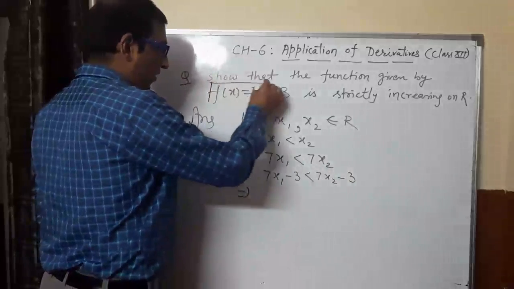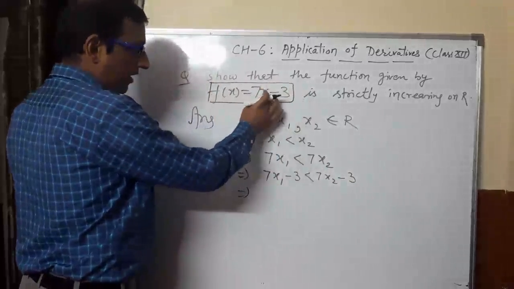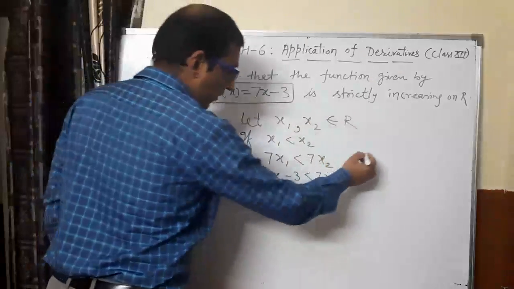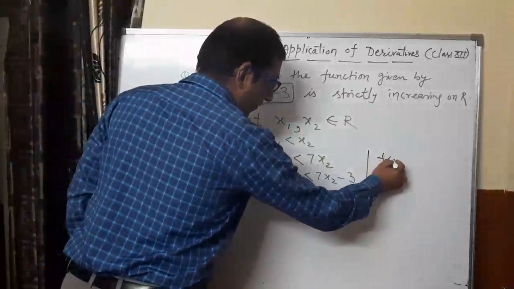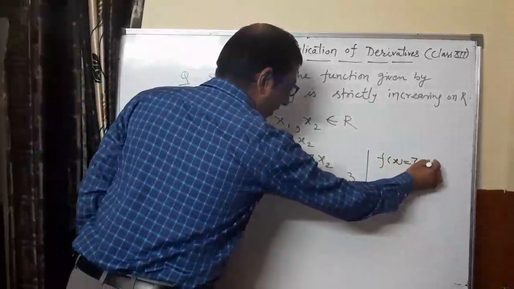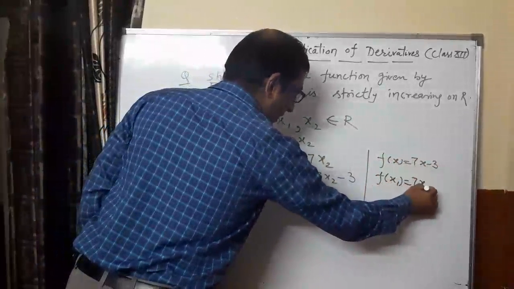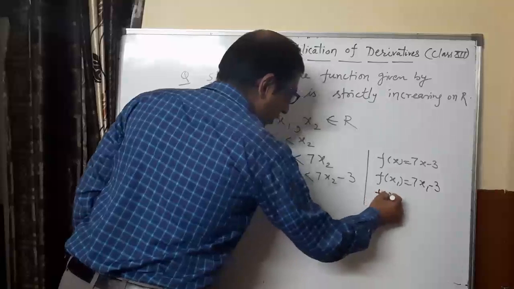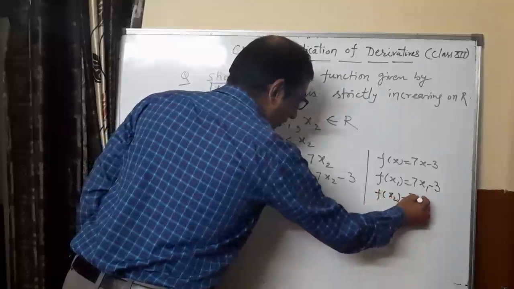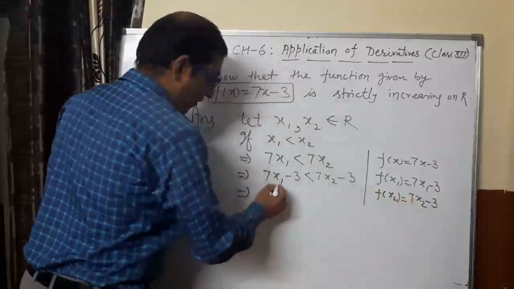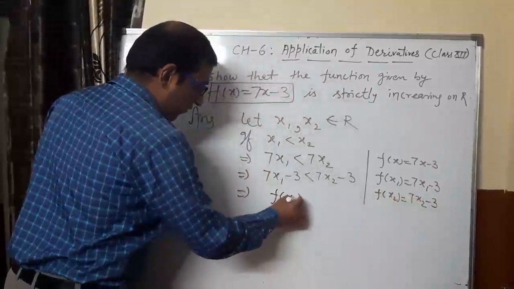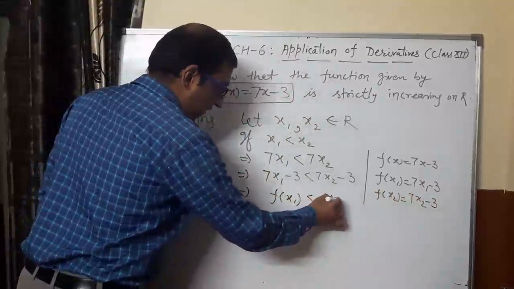As per the given function, if f(x) equals 7x minus 3, then the value of f(x1) is 7x1 minus 3 and the value of f(x2) is 7x2 minus 3. So when we put these, we get f(x1) is less than f(x2).